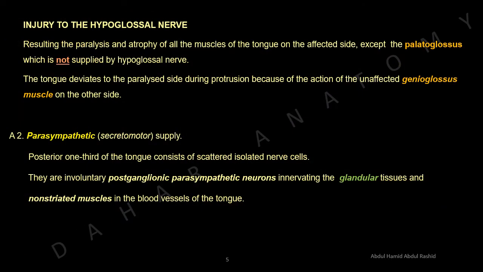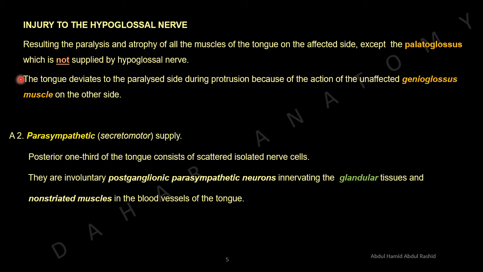Injury to the hypoglossal nerve results in paralysis and atrophy of all the muscles of the tongue on the affected side except the palatoglossus muscle, which is not supplied by the hypoglossal nerve.